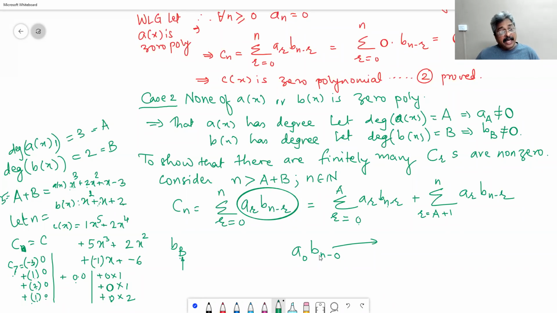Here a is a positive number and b is a positive number, and n is greater than a plus b, therefore this is going to be 0.